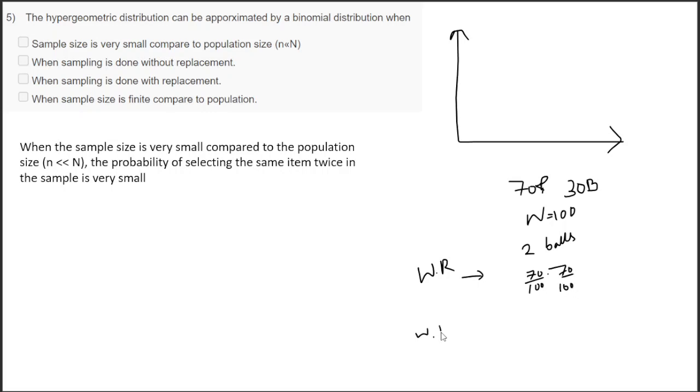Without replacement it is 70 by 100 into 69 by 99. This returns 0.49.